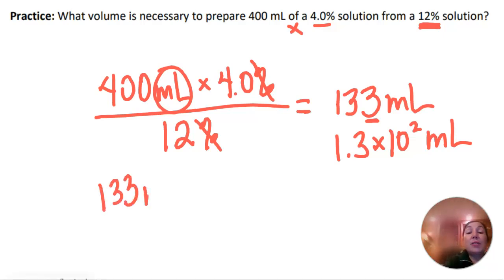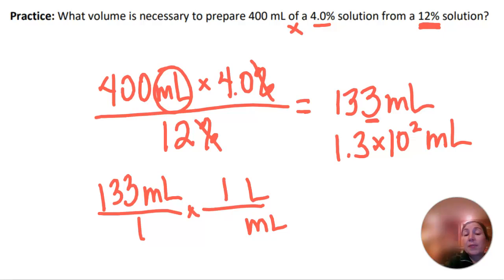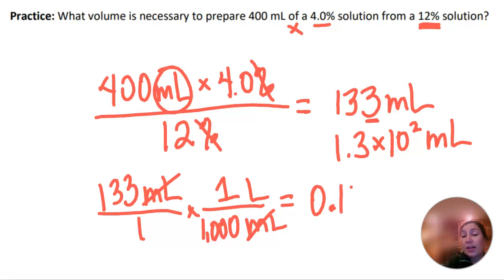Another way would be to take your milliliters and convert to liters. In every 1 big liter, there are 1,000 little milliliters. And then it might be easier to see how to round to exactly 2 sig figs and stop. We don't need that next 3.